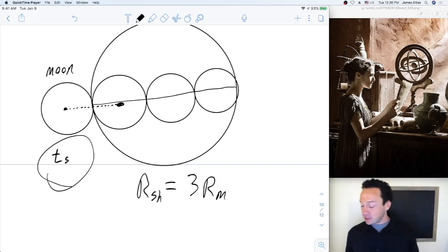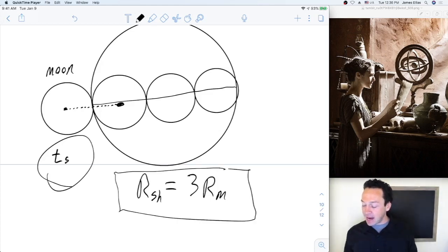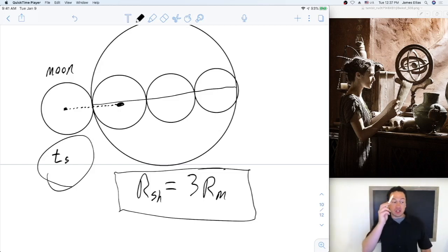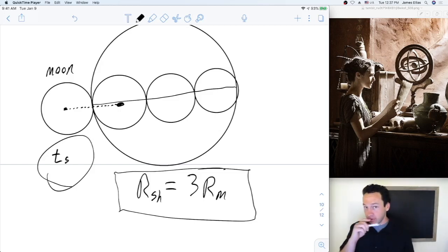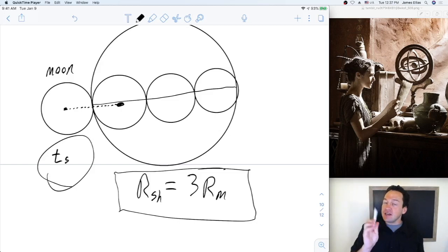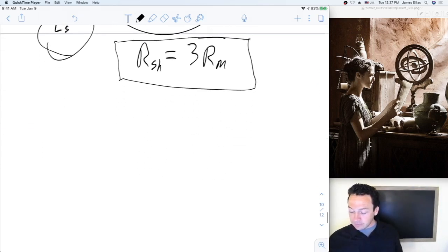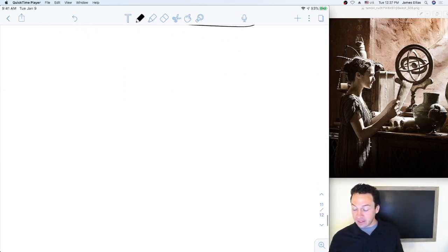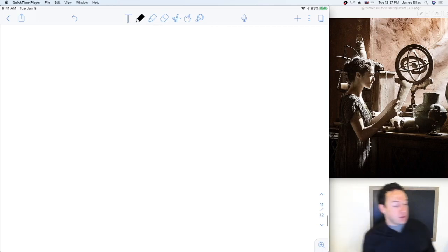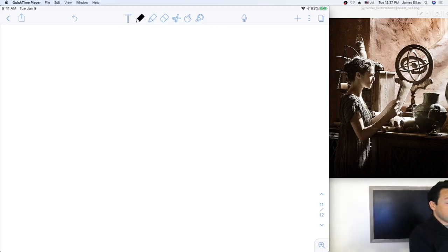So now he has a comparison between the size of the Earth's shadow and the size of the moon. And this comparison is going to help us quite a lot, because Aristarchus is going to draw the following diagram.